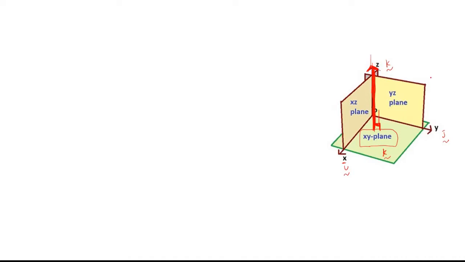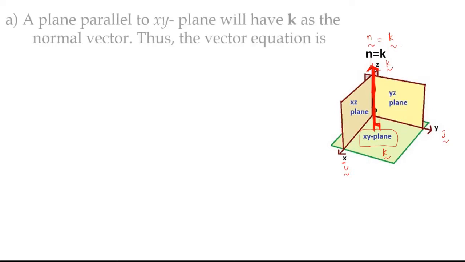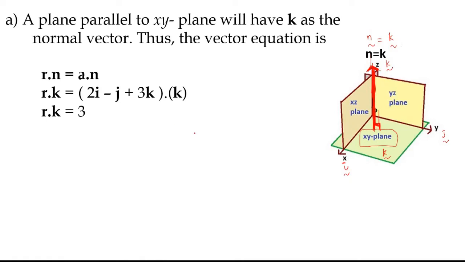So, it can be K, it can be 2K, it can be 5K, it can be 100K and so on. As long as dia punya nilai hanya berada di K part sahaja. I dengan J tu tak adalah. Okay, so normal kat sini saya ambil dia as 1K lah, actually 1. Okay, tapi K sahajalah. Okay, so saya akan masukkan dalam equation dia, R.N equal to A.N.